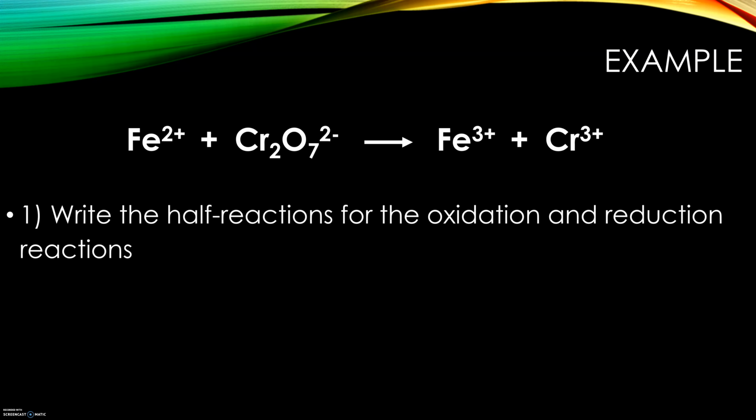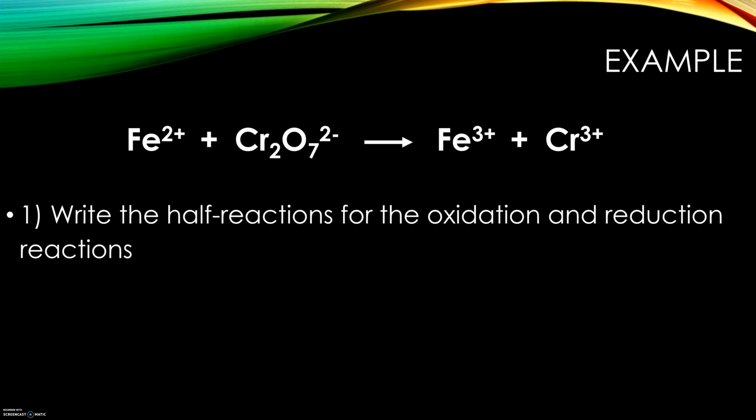All right. So now let's look at this example right here. We have iron 2 plus with dichromate ion reacting together to create iron 3 plus ion and chromium 3 plus ion. All right, so let's identify some of its oxidation numbers.